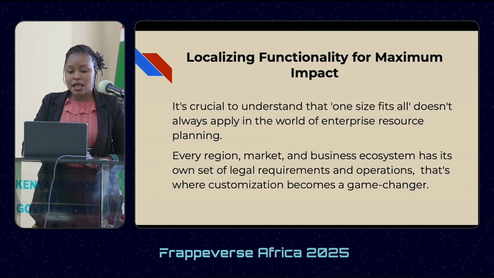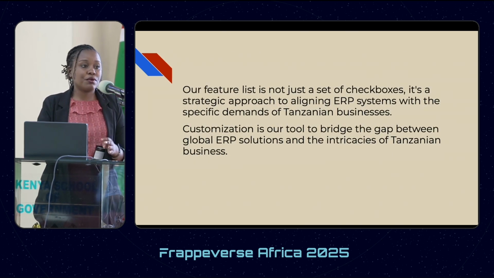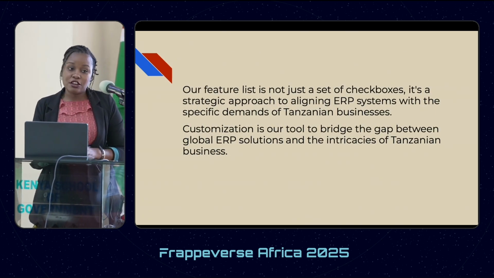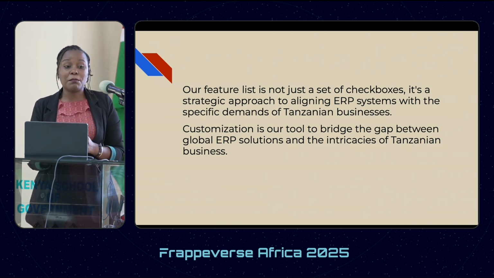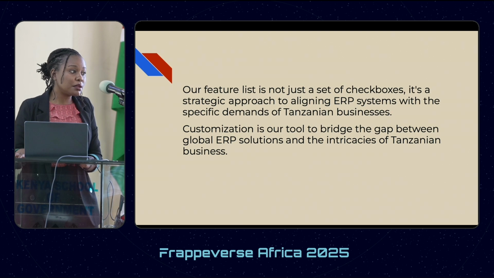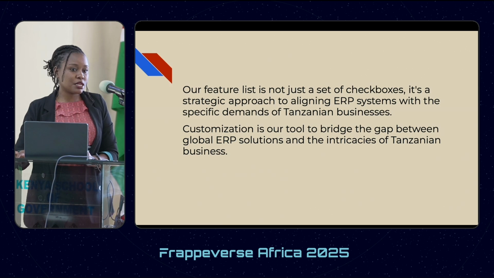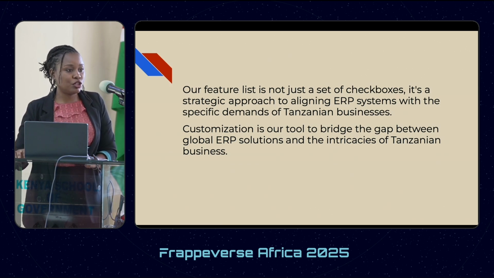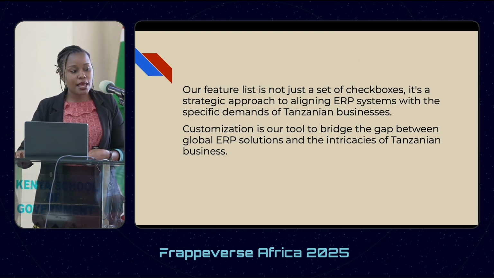As I said, we understand that every market operates differently. Every country may have requirements that they need, whereas the system may not have that functionality available. So our job is to understand why they need it, and whether it's a government requirement, or a functionality issue to make the working process easier, then we can add it.